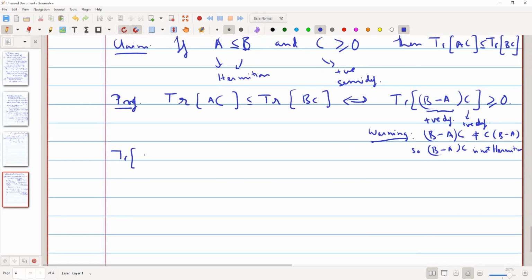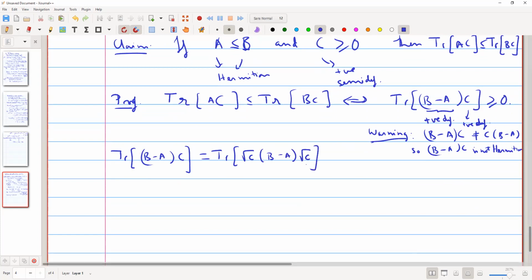I use some tricks. So this is the same as trace of square root C times (B minus A) times square root C. So what is square root C? Remember, we have defined these things before, like we defined even log of positive semi-definite matrices.